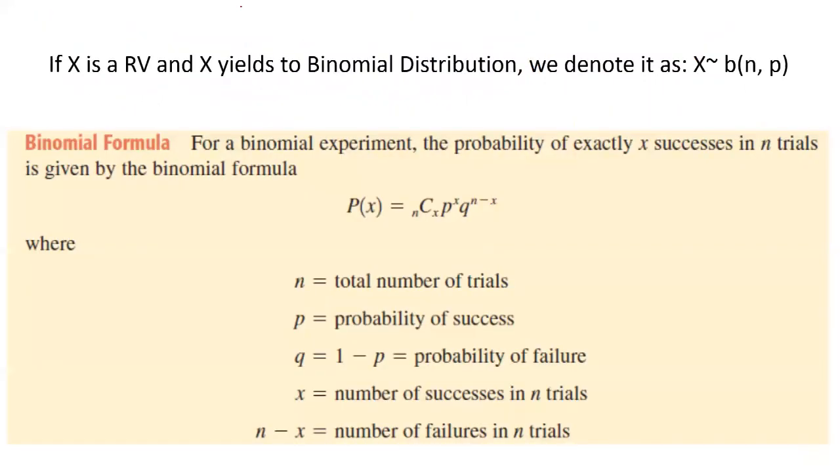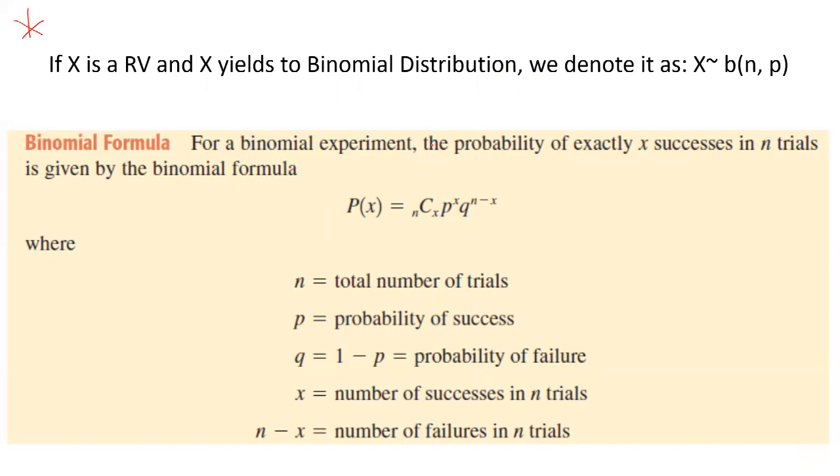Okay. All right, so what is a binomial random variable? Actually, the binomial random variable comes from the binomial experiment. Pay attention to this definition. If X is a random variable and X follows a binomial distribution, it's denoted as X ~ B(n, p).